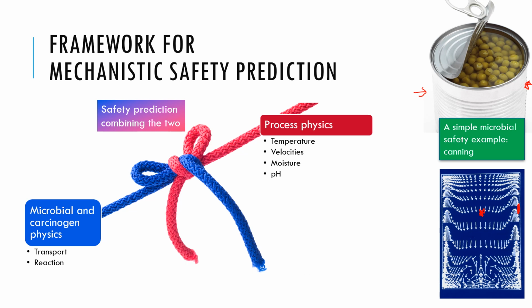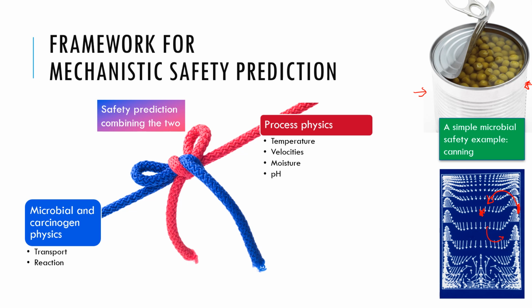And that makes the point that the bacterial destruction is not going to be the same everywhere. So to find out how much is the bacterial destruction, we basically have to combine the bacterial kinetics with what's going on in terms of the process.